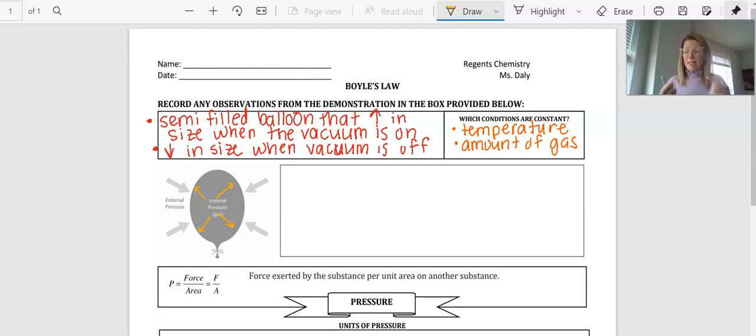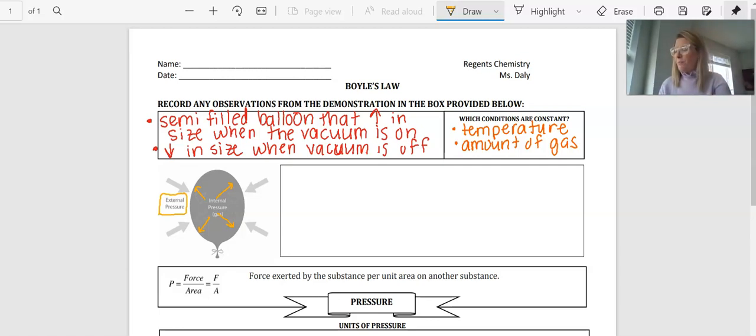So it's really those gas particles moving around. We're not going to focus heavily on the internal pressure because we're not really adjusting that within this Boyle's Law experiment. But our major change has to do with our external pressure.